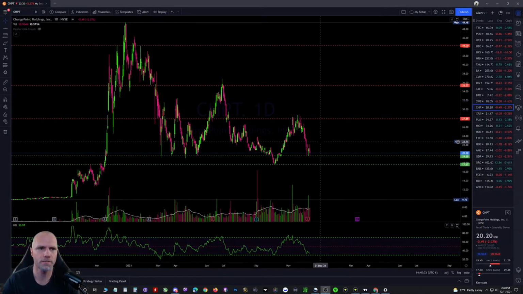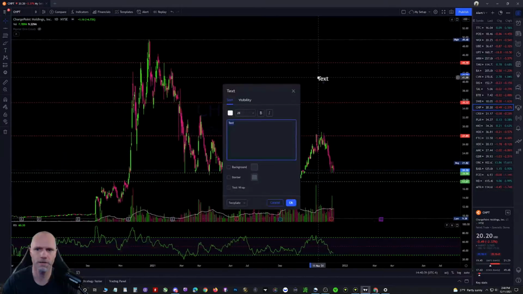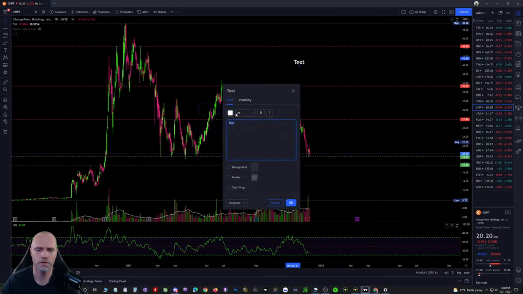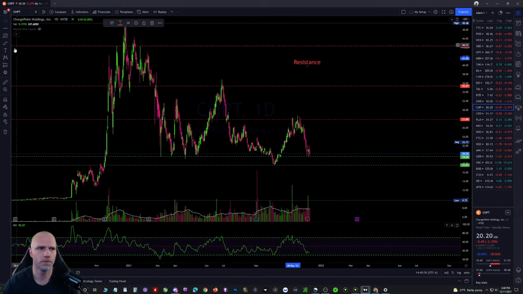We could even take it a step farther, and over here on our toolbar, click on text, and we'll draw some text out here. We'll make this the same color as our resistance line, and we will call this resistance. And we'll do it again.